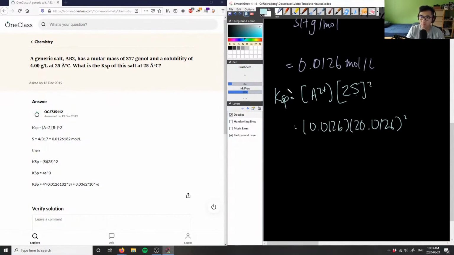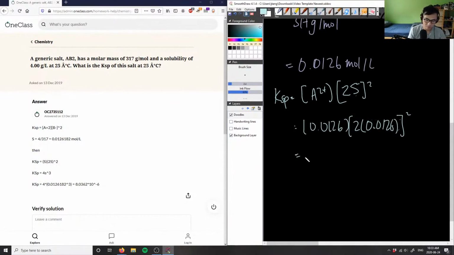That looks really bad. Give me a second. So I'm going to have 2 times 0.0126, squared, and then this is going to give us our final answer. So we can plug this into our calculator.